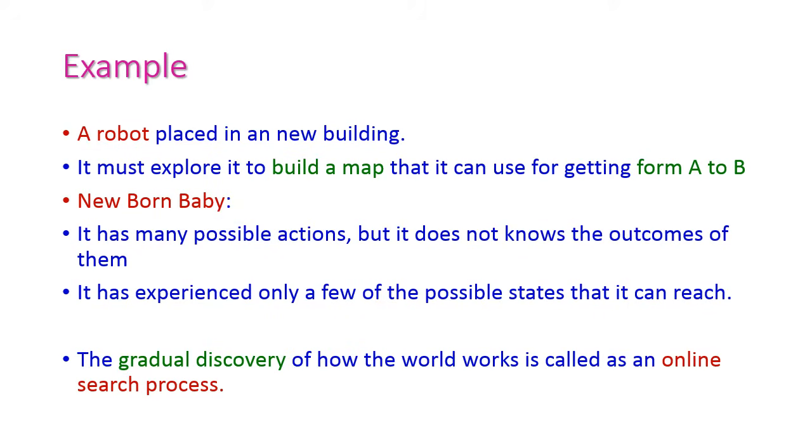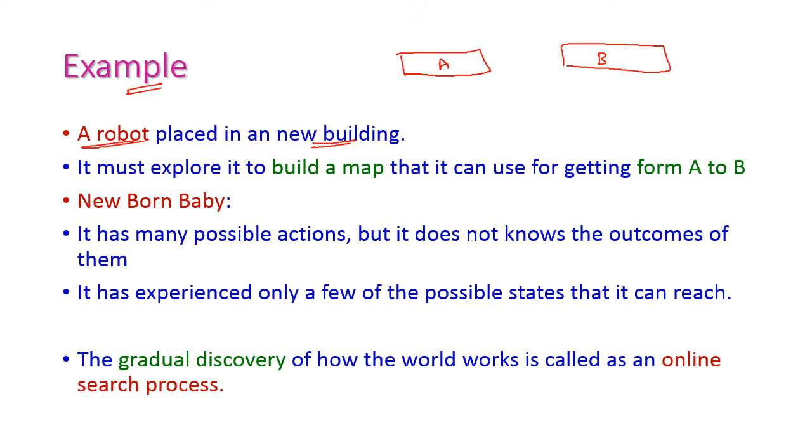Let us see some examples for online searching. Let us take one robot which is placed in a new building. Let us take our famous vacuum world, that is the vacuum cleaner example. This is room A and room B may be somewhere else.